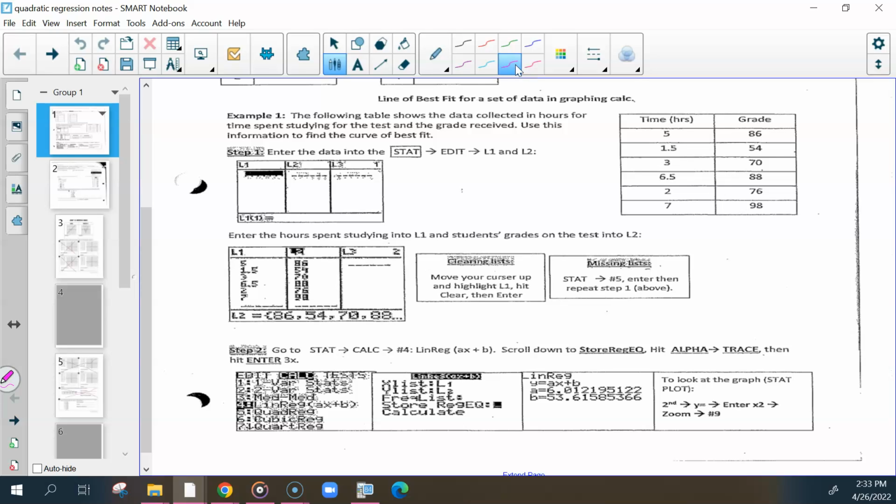However, for step two, you're still going to go to stat, still going to calc, but instead of linear regression, in this list, and I know it's kind of hard to see, we're going to do quadratic regression instead. But then the rest of the steps are the same.